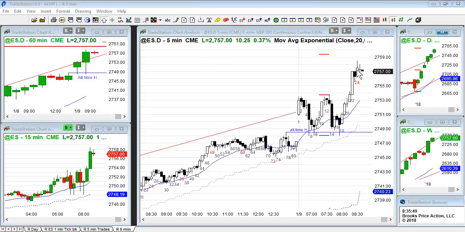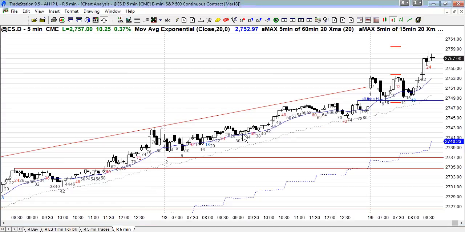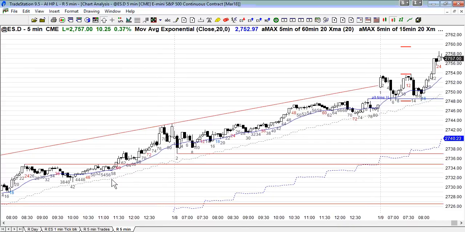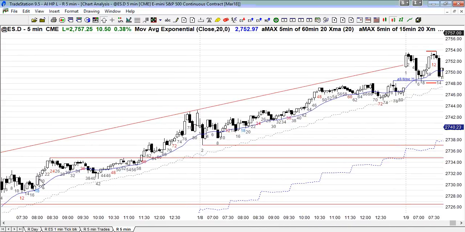Micro double top, buy climax, we might have to go sideways for 5 or 10 bars like this down to the moving average. Buy climax, here we went sideways for over an hour down to the moving average. Buy climax there. Market went sideways for 20 bars before the bulls came back.